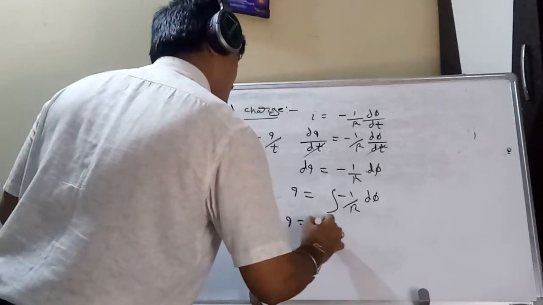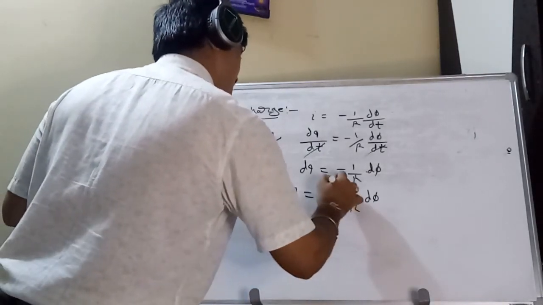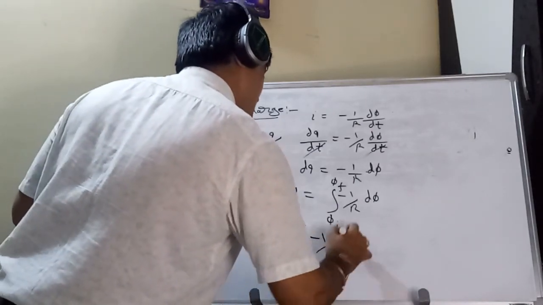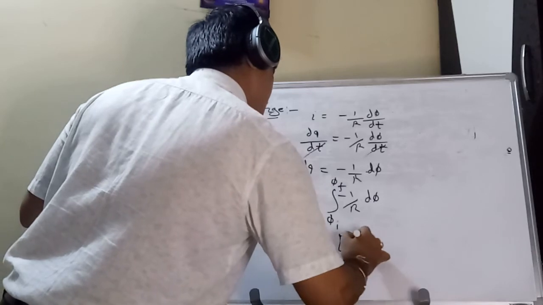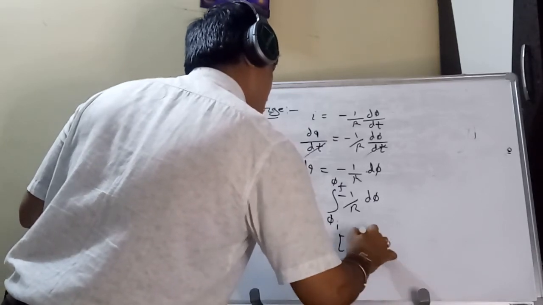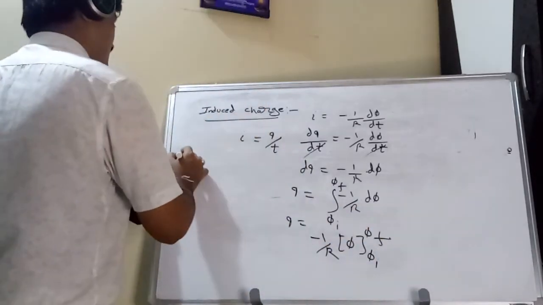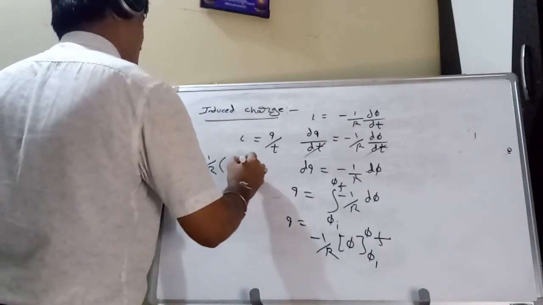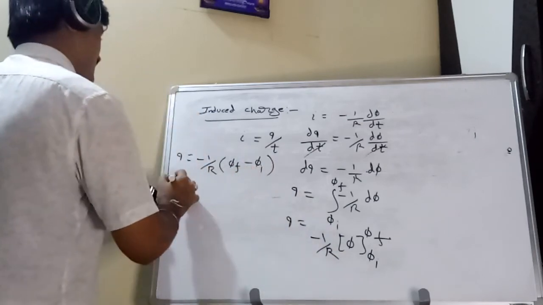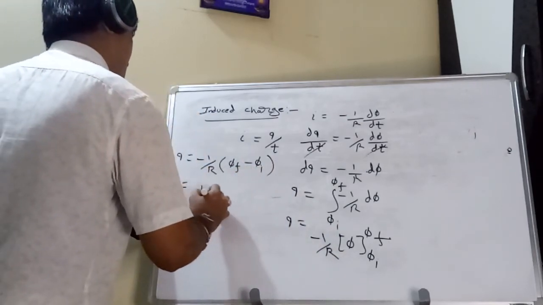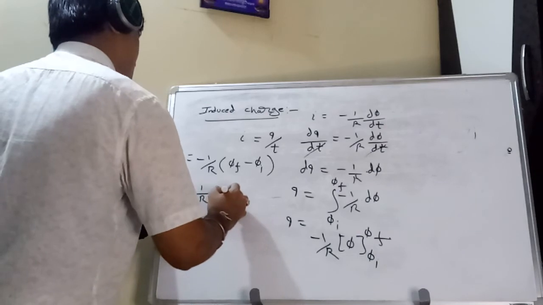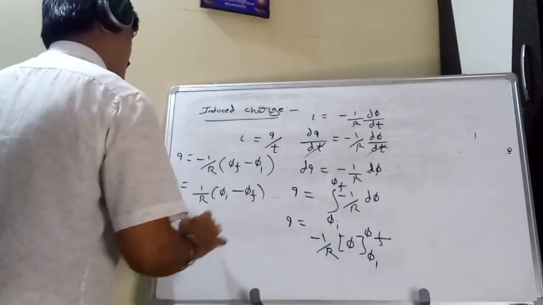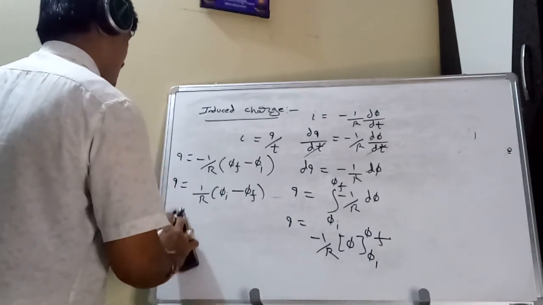So q is equal to minus 1 by R into (phi f minus phi i), which is equal to 1 by R into (phi i minus phi f).